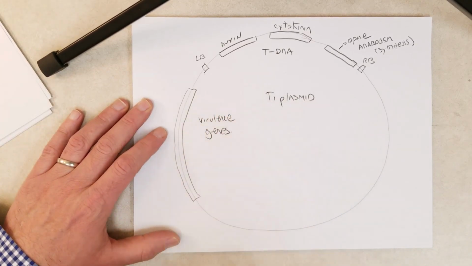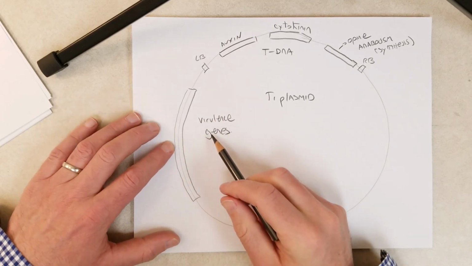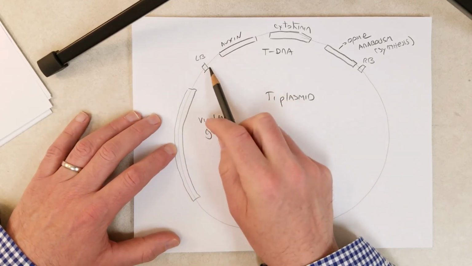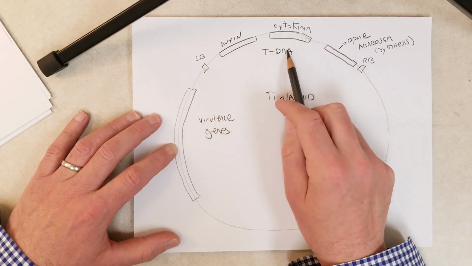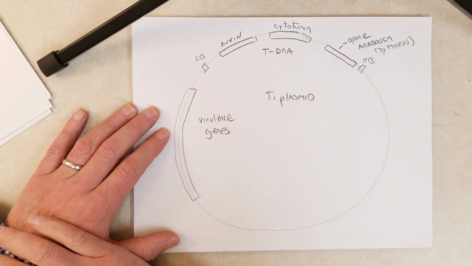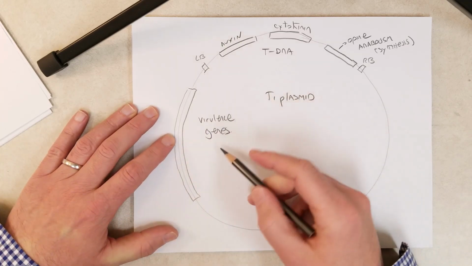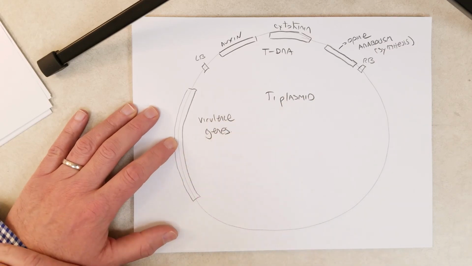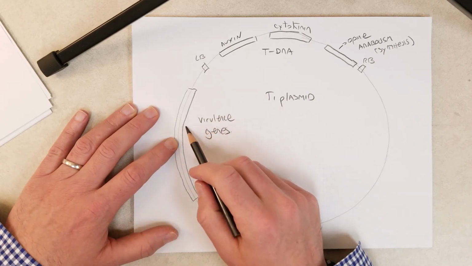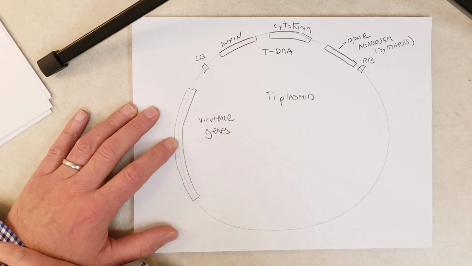Now, these are the genes that are responsible for making the proteins that take the single-stranded tDNA, transport it over to the cytoplasm, help it get into the nucleus, get into the genome. So that's what the virulence genes are needed for. So they're needed to transfer the tDNA, and they might even be part of the T transporter complex.